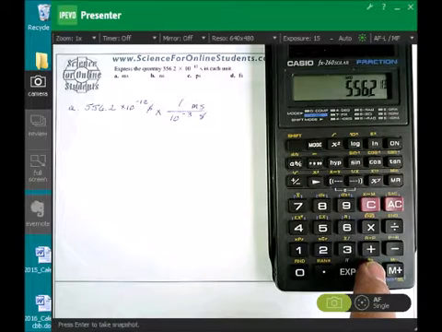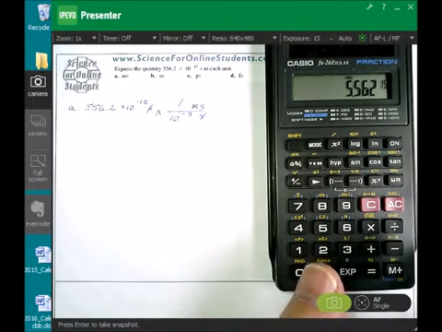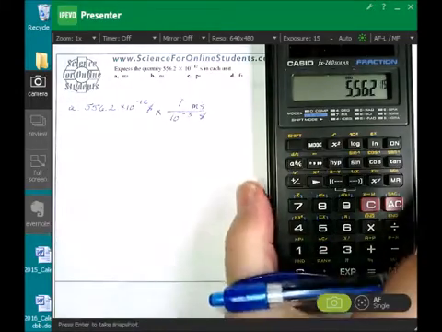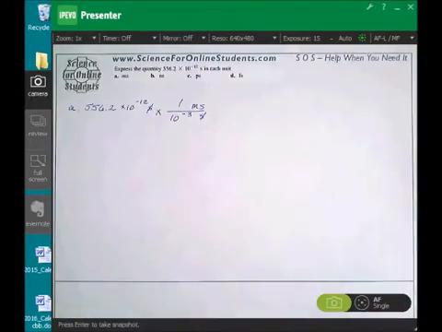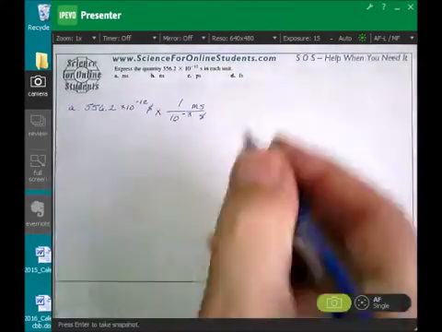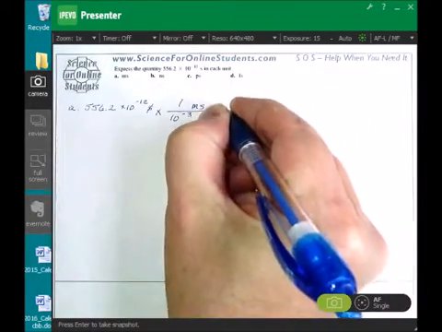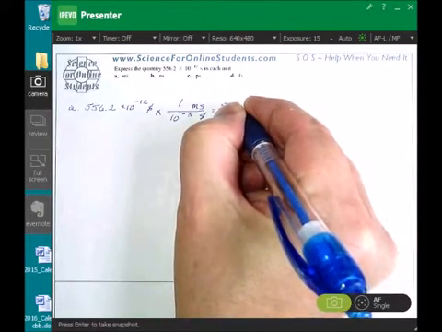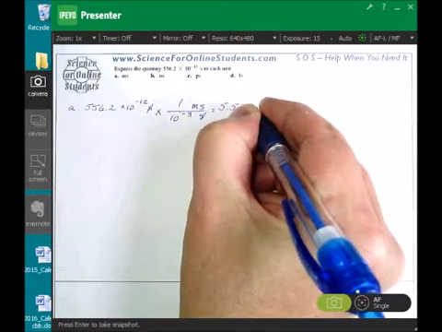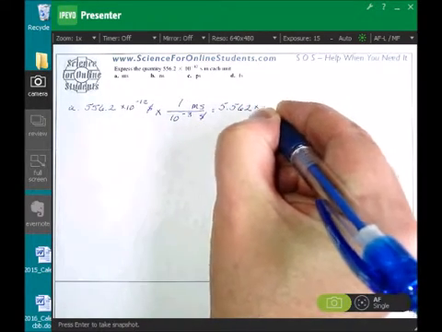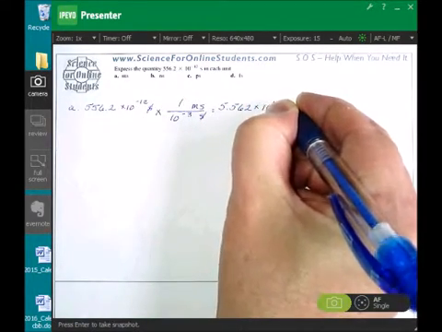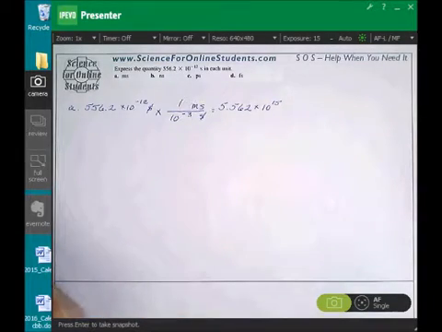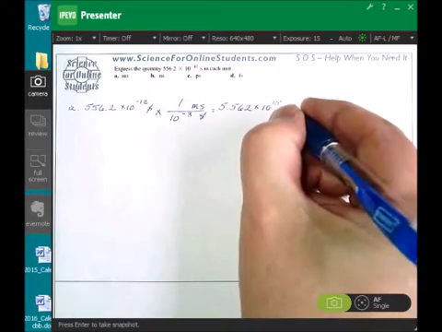And then press equal. And this says 5.562 times 10 to the minus, or 10 to the 15. Can't see it from this angle. 5.562 times 10 to the 15 milliseconds.